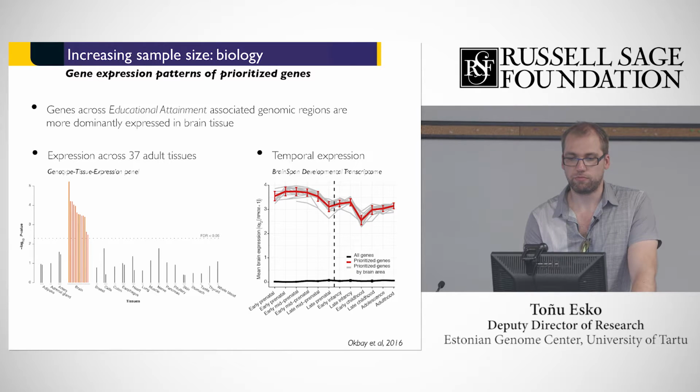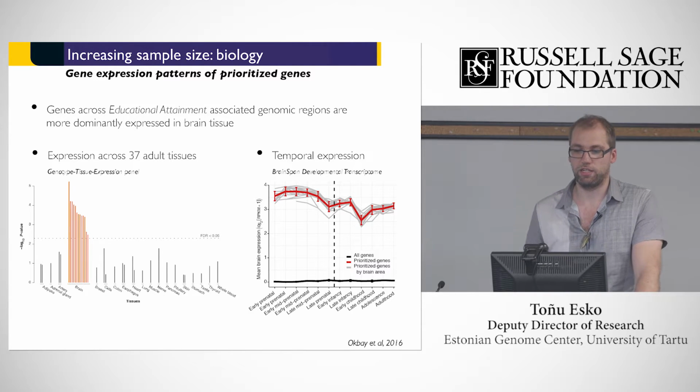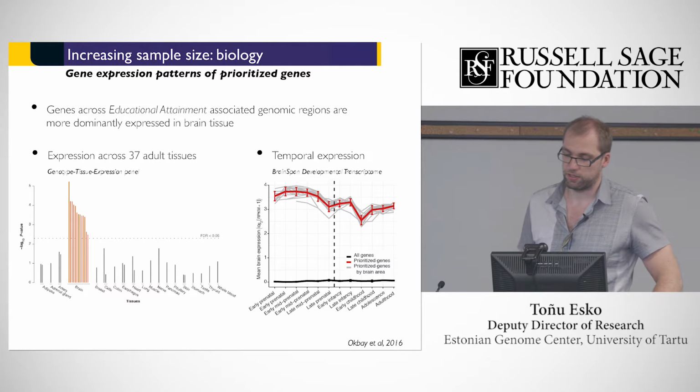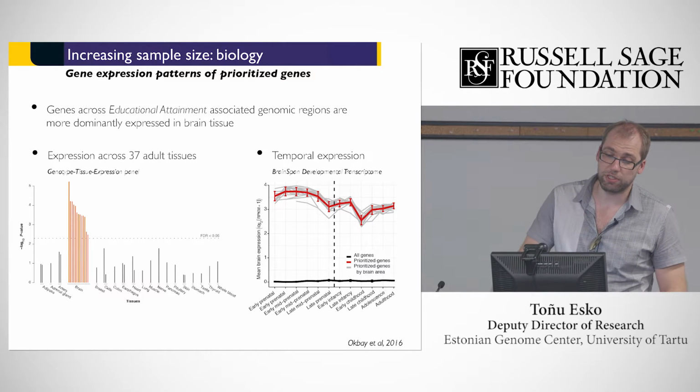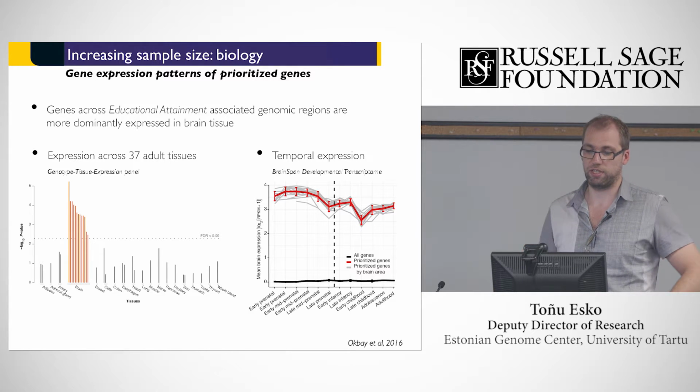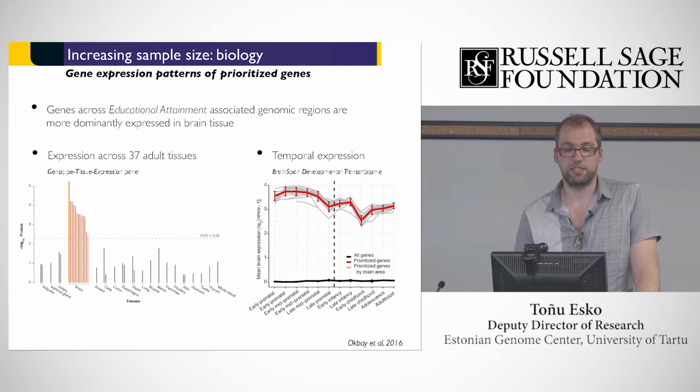And this is one real life example from the very recent educational attainment paper, where we had, I think, 165 loci, but I think those analyses were run with the initial 79. So basically we did the same thing.